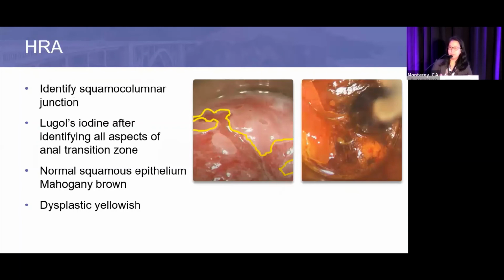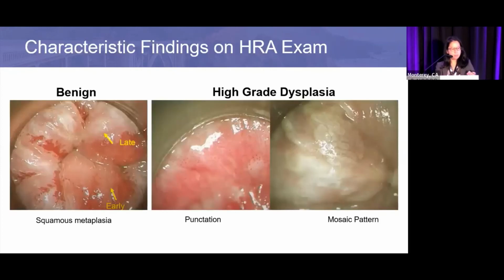It's not too different from GI, right? We think of Barrett's at the esophagus and the stomach, looking for any changes there. You apply Lugol's iodine after identifying all the aspects of the anal transition zone. Normal squamous epithelium should stain mahogany brown, and any dysplastic tissue would be yellowish.